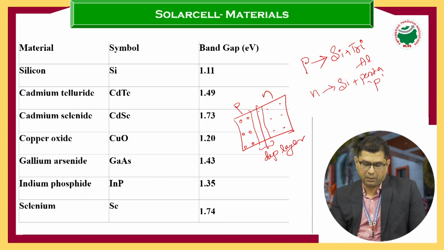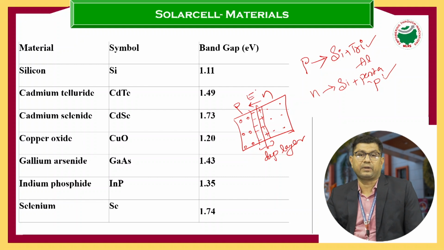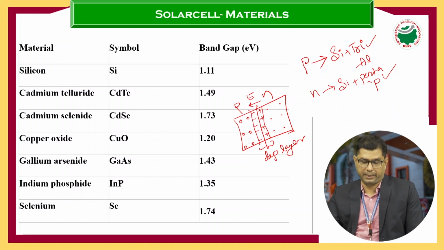On the N side, we have donor ions, and on the P side, we have acceptor ions. Acceptor ions are trivalent impurities. Donor ions are pentavalent impurities. Then a barrier potential is developed and a certain electrical field, the barrier field, is generated.